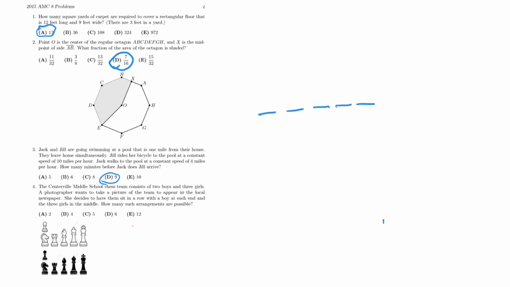So for the beginning, they have two choices. The two boys can be arranged in the first spot. At the last end, just the one boy left, we can put in. For the girls, in the second position, the first girl, we have three choices. Any one of the three girls can sit here.